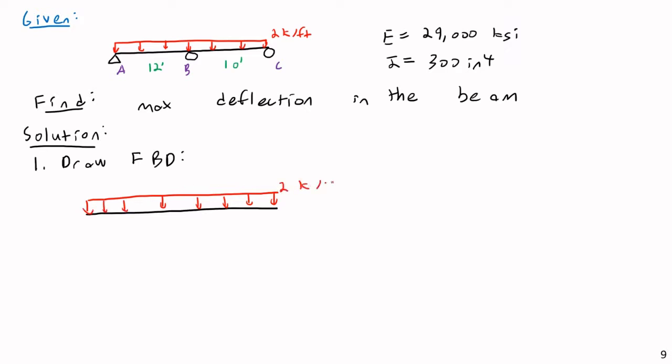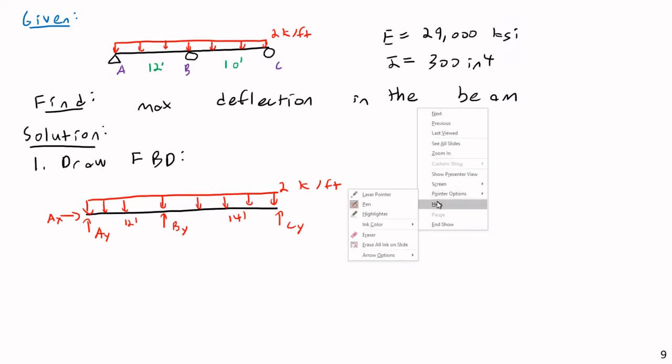Then my reactions, I'm going to have a By at the center, an Ax on the left end, an Ay on the left end, and a Cy on the right end. And our dimensions, of course, aren't changing. These are going to be 12 foot and 10 foot. So that's our free body diagram, and we can see that this is going to be indeterminate, as we've already mentioned.